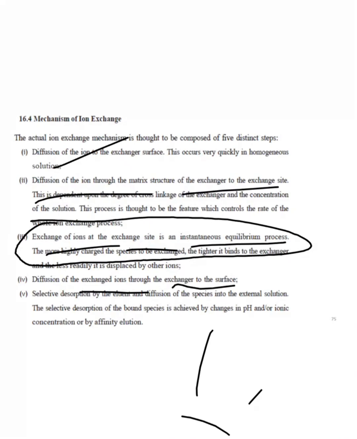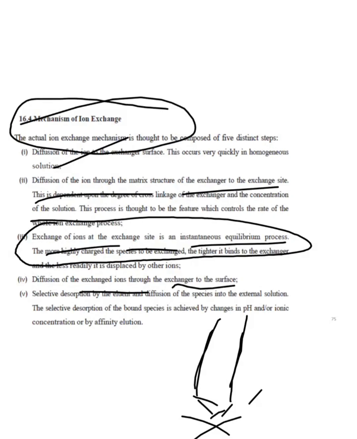So the selective desorption by the eluent, or diffusion of the species into the external solution, means the selective desorption which takes place in the stationary phase, it is eluted and the ions get exchanged. So this is the mechanism of ion exchange chromatography.